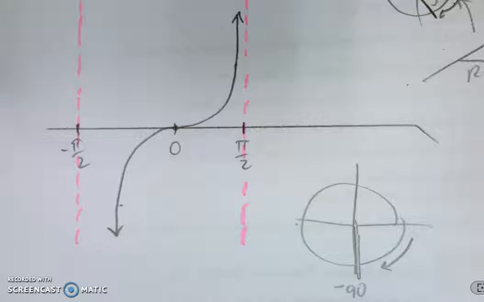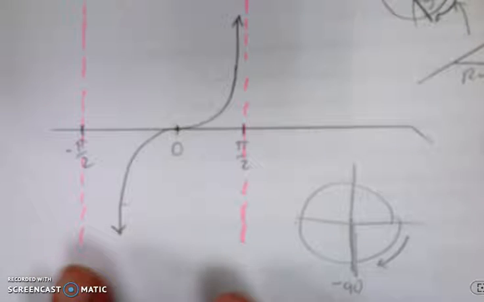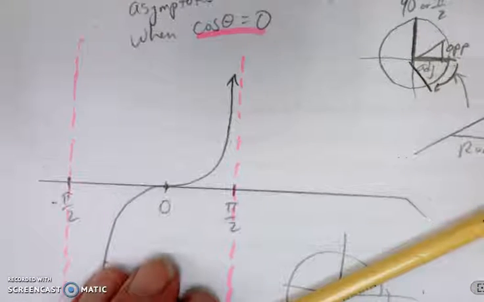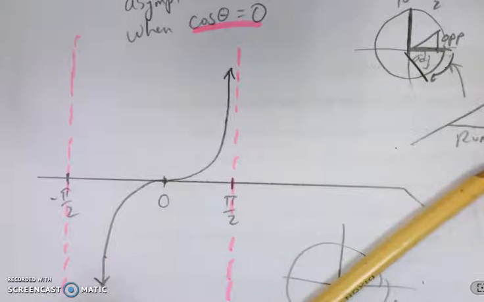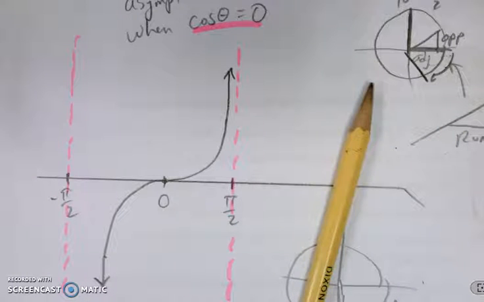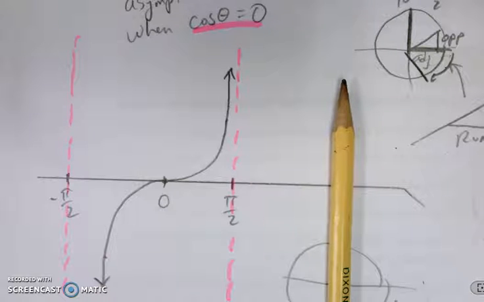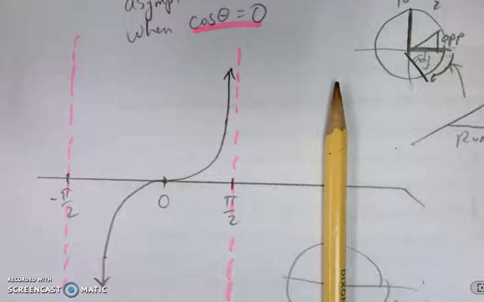Okay, so that's what's going on with this thing. It goes between negative pi over 2 and pi over 2. And as you rotate this way, it's getting bigger and bigger, till when you're vertical, it's undefined slope. So at 90, there is no slope. It's undefined. So that's why we have an asymptote.